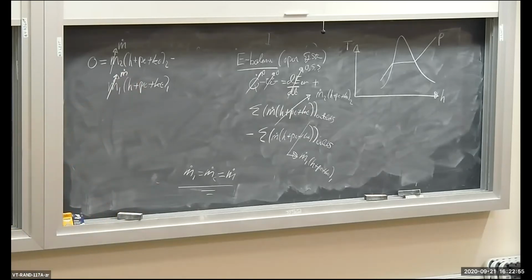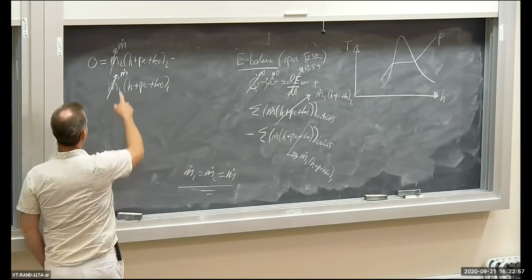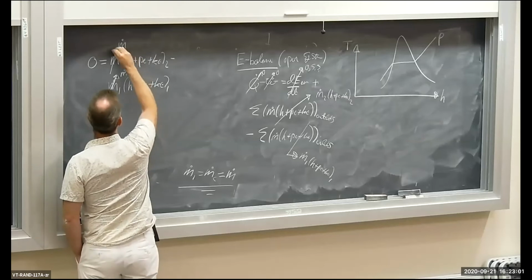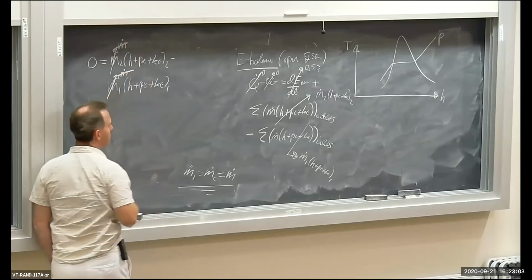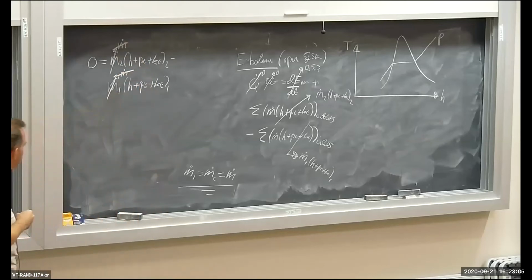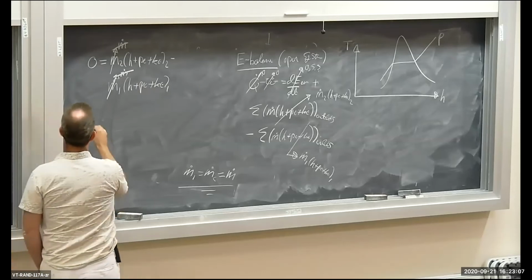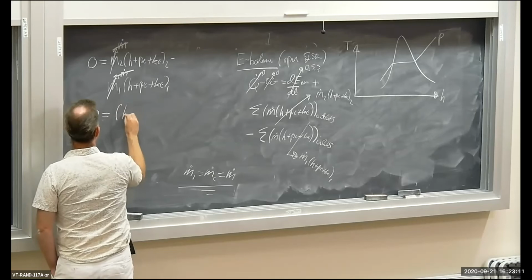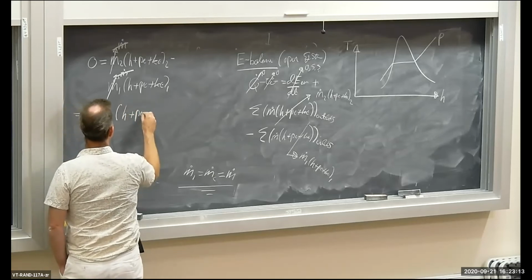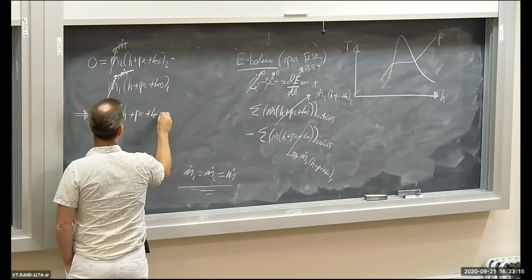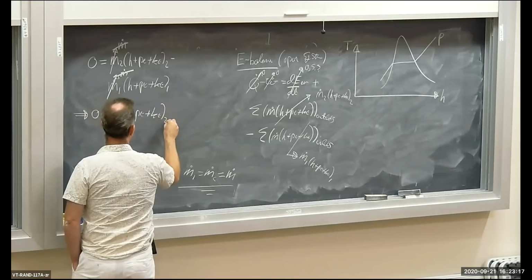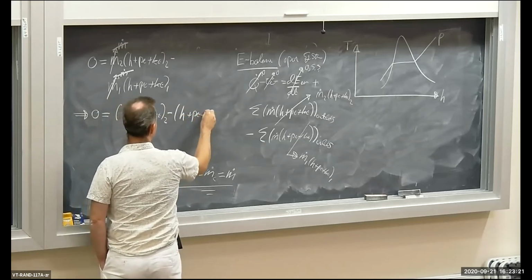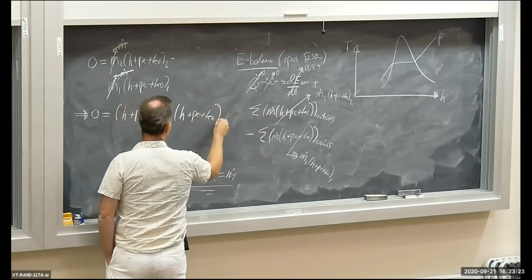If they're both m dot, I can divide both sides of the equation by m dot and they go away. So I get 0 equals h plus PE plus KE at the outlet, minus h plus PE plus KE at the inlet.